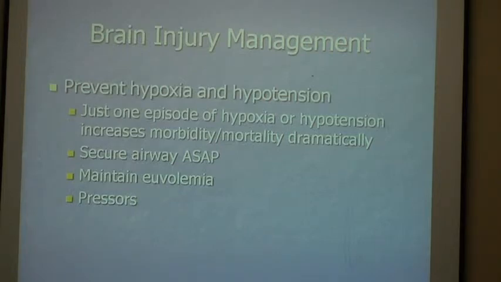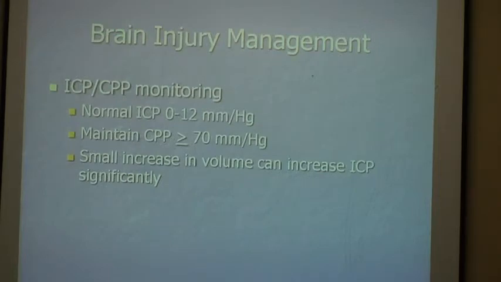Normally, what I've seen anyway, is using Neo, just a straight alpha squeezer. You're certainly not going to give them something like dopamine that's going to increase their heart rate and their metabolic rate. Just an alpha squeezer to keep their cerebral perfusion pressure where it needs to be.